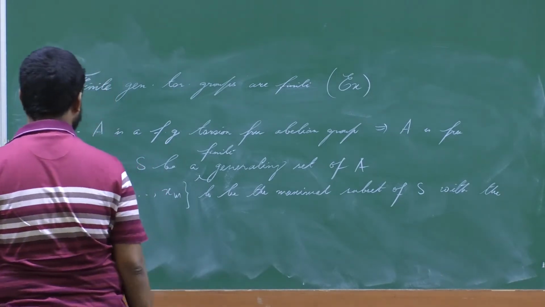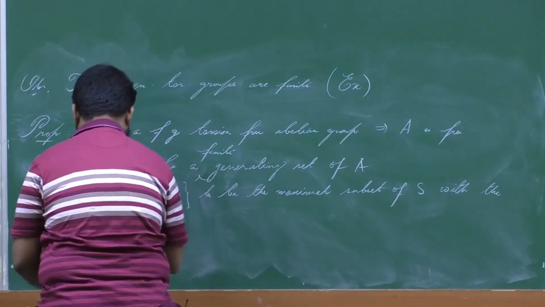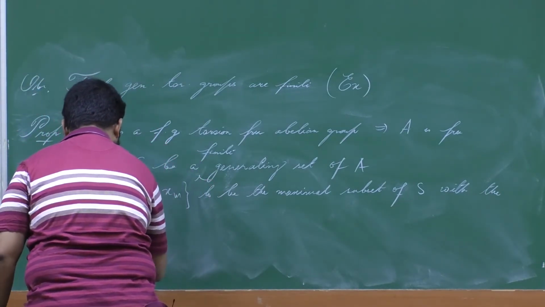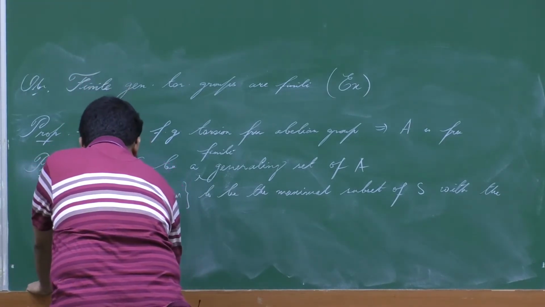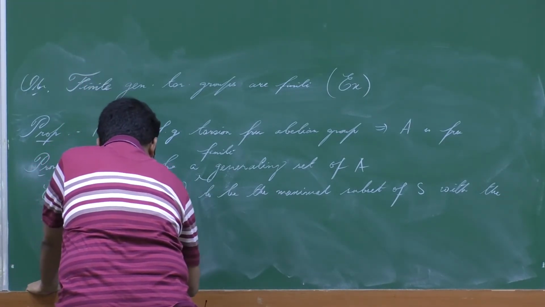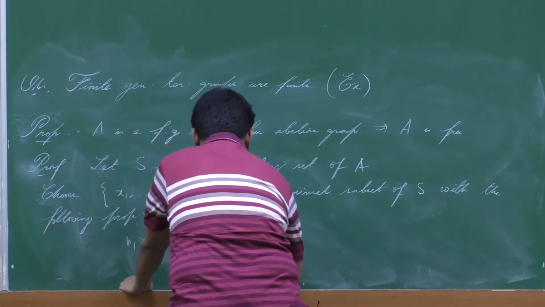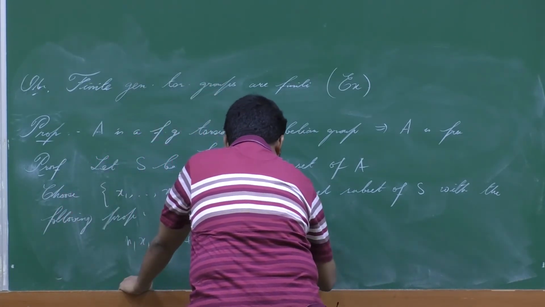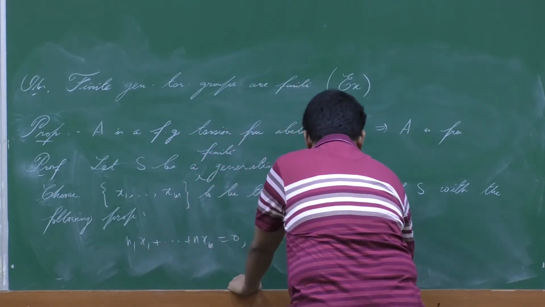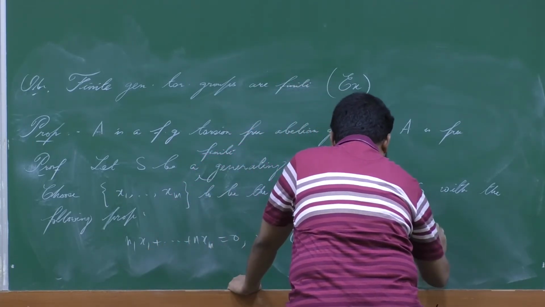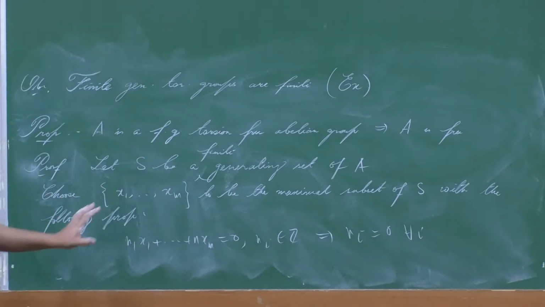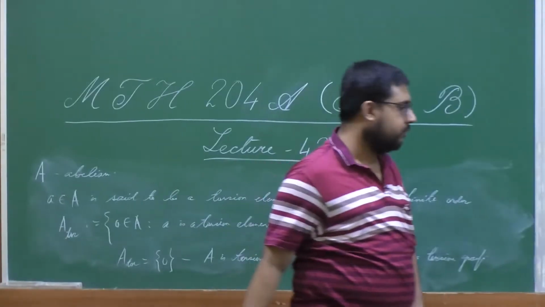Whenever n1x1 + ... + nmxm is 0 with each ni an integer, then it will imply each ni is 0. This is to be interpreted as some kind of integral independence.